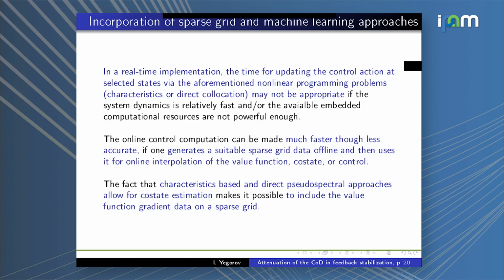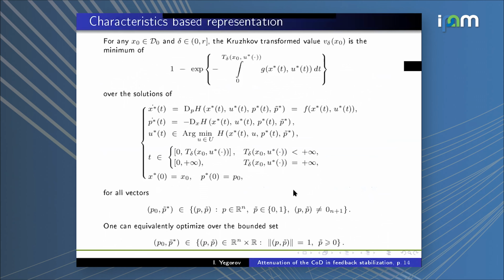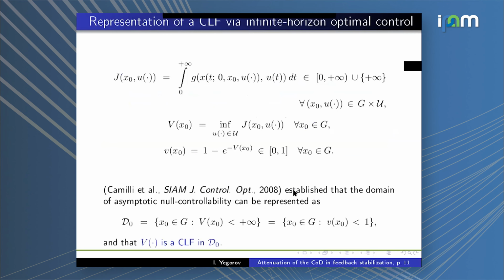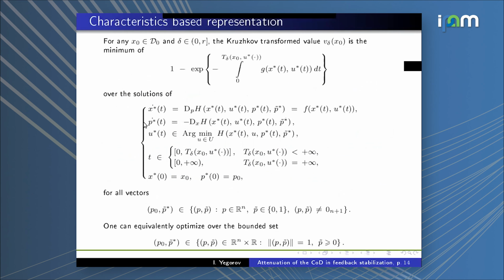And it's good that our approaches for estimating the value function, control, and costate at any selected state also give us the costate. You can see that it's P. P is the costate, or it's also called the adjoint function.